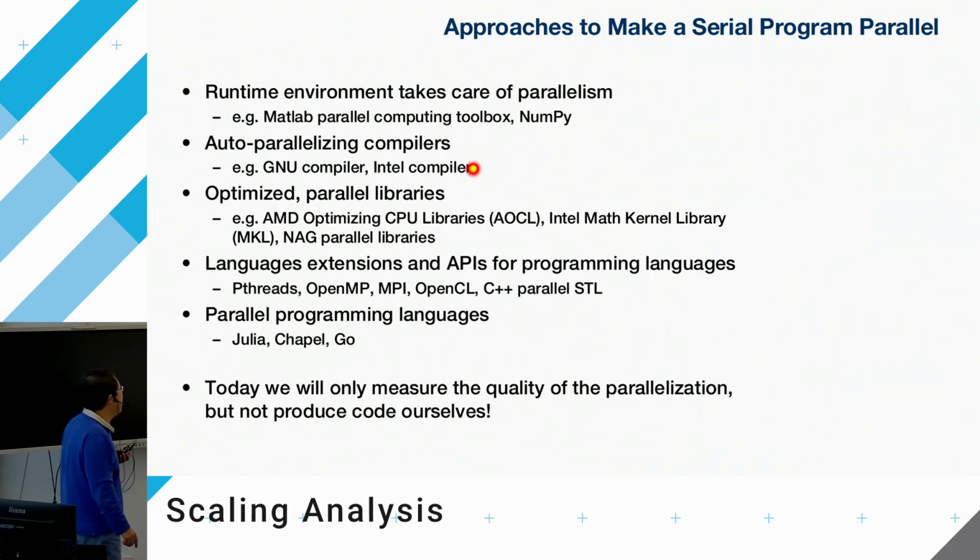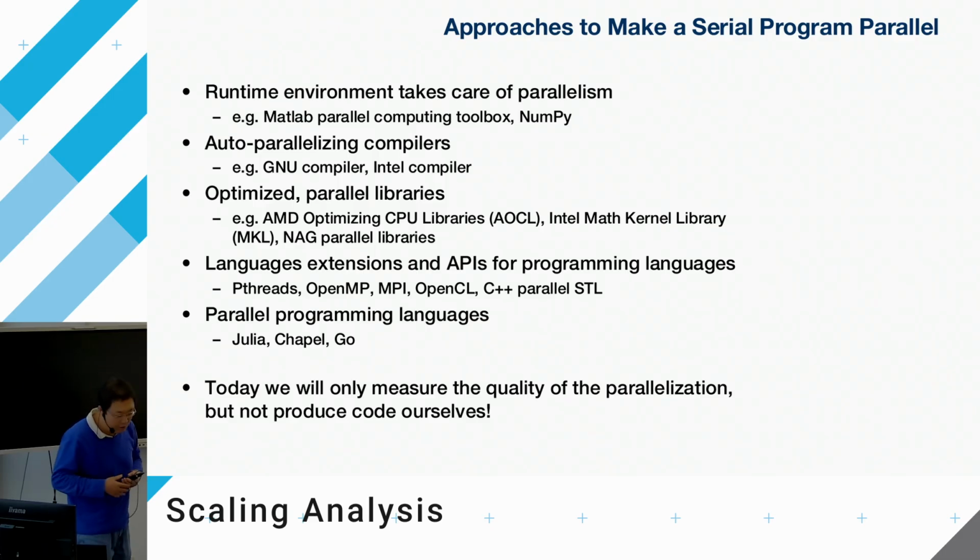There are multiple ways to run your calculation in parallel. Here is a list of opportunities. You can use ready-to-use environmental variables or tools, for example MATLAB. I'm not sure if you are using it.